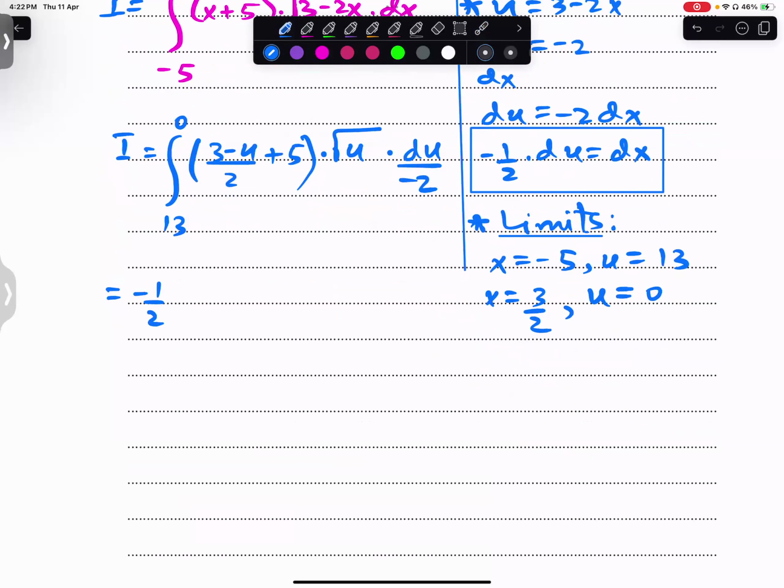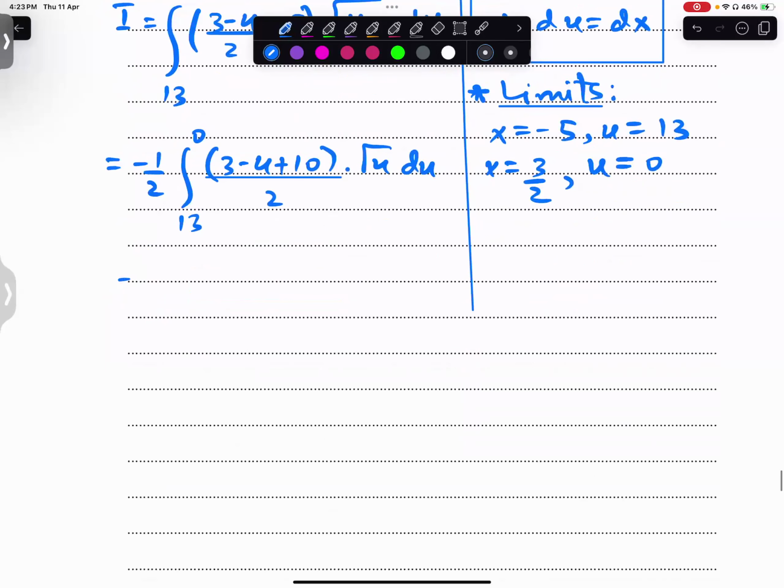So bring minus 2 outside the integral, then 13 to 0, 3 minus u plus 10 over 2 under root u du. Then this will become minus 1 over 4, 13 to 0, root of 3 plus 10, which is 13 minus u, times u.